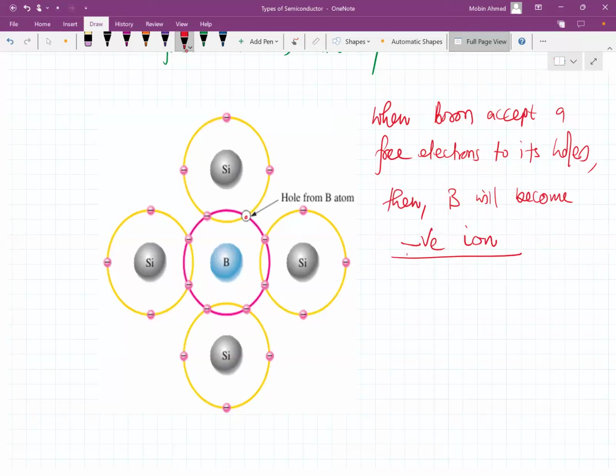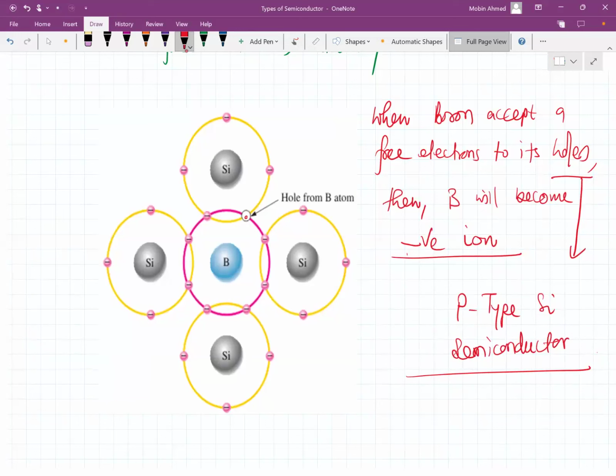It is a negative ion. Now generally, because there is a hole, it is going to have a positive charge, and that's why it is known as a p-type silicon semiconductor. P-type silicon semiconductor.